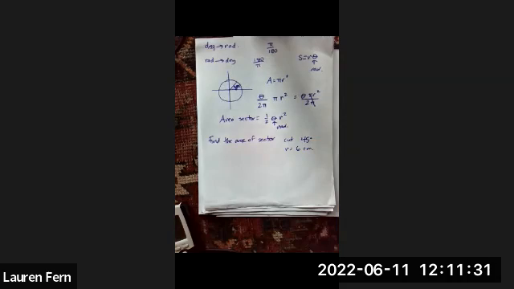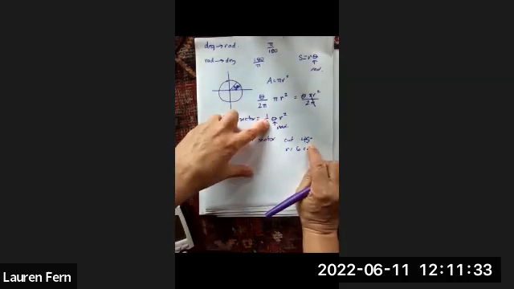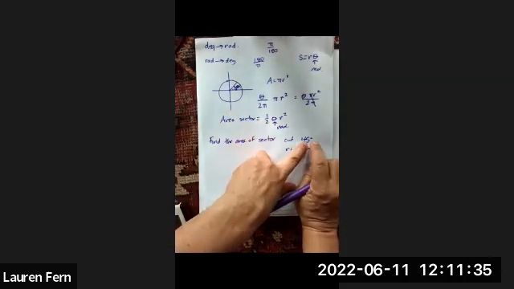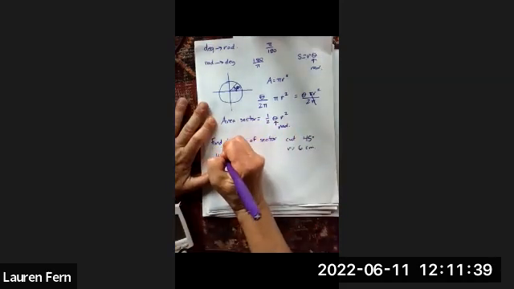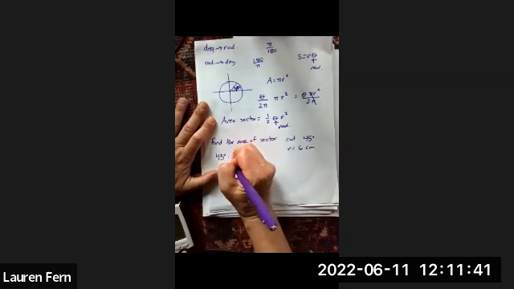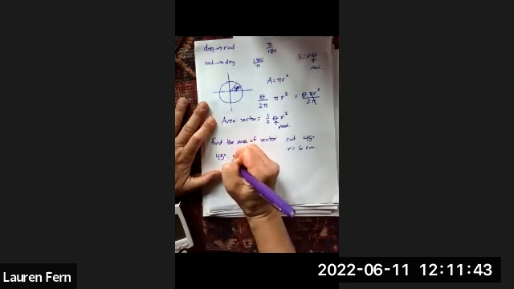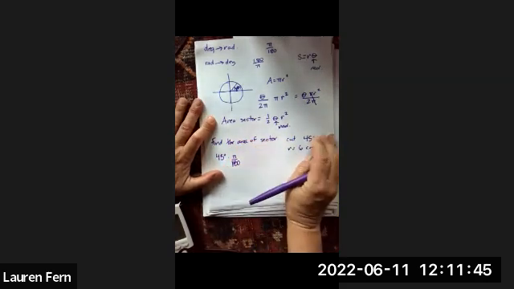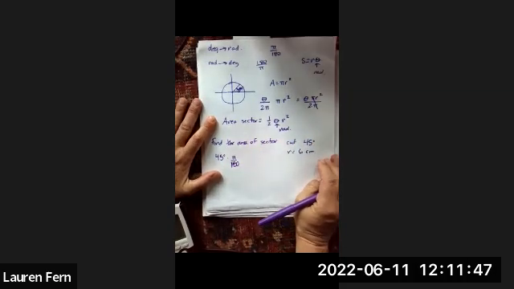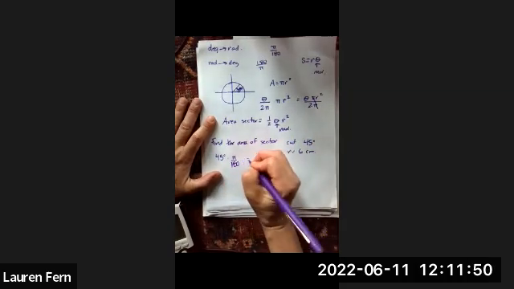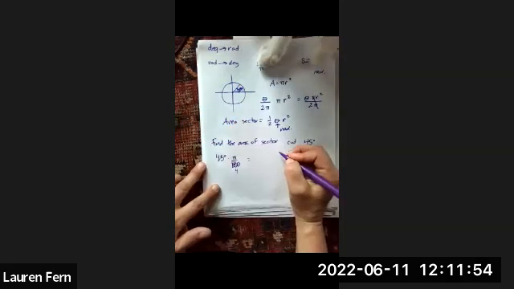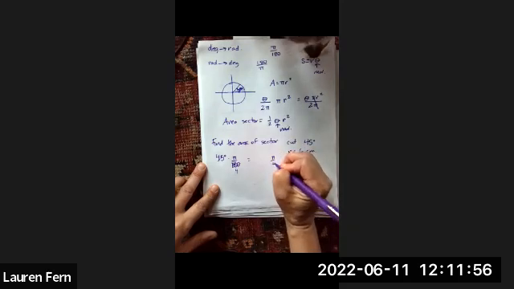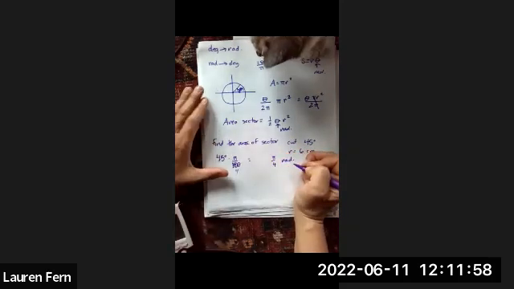Okay, well, first thing we have to do is we have to convert this into radians. This is one of those you're going to know whether you like it or not, because it comes up so frequently. So we multiply by pi over 180. And what you're going to get is 45 goes into 180 4 times. So this is pi over 4 radians.